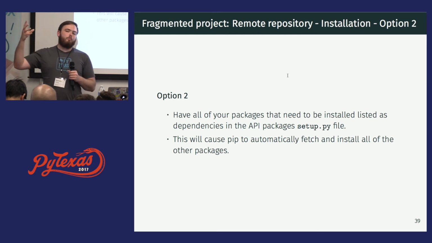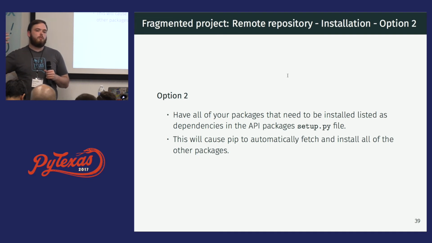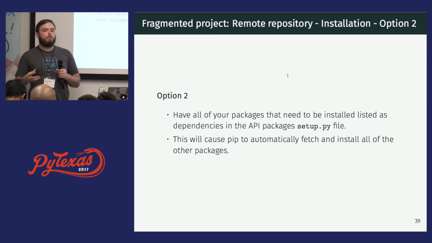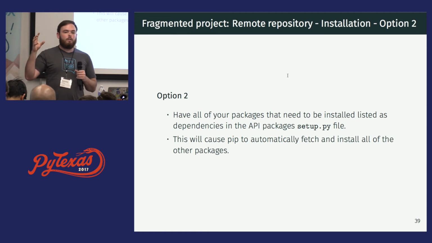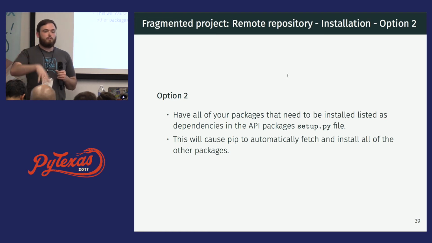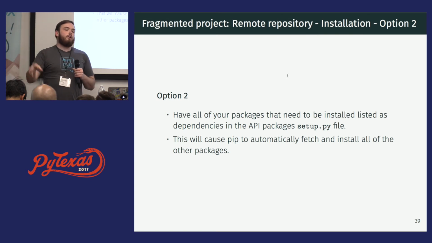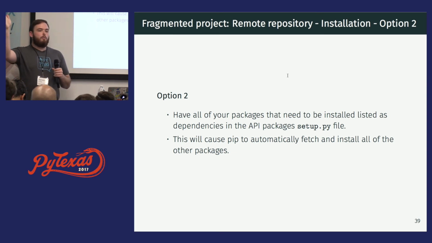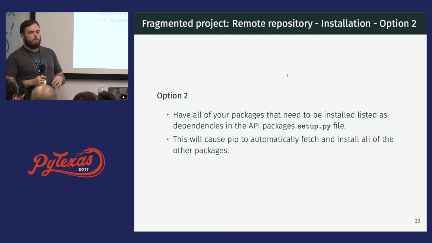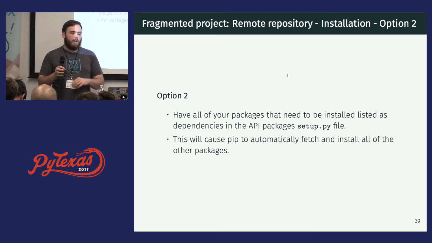And then as a result, because our end users, the application developers, are only going to be interested in installing the API package, when they run pip install on our API package, pip is going to grab that package, look at its dependencies, and look at their dependencies, and so on and so forth, and automatically download everything. So they only have to run pip install on that one package.